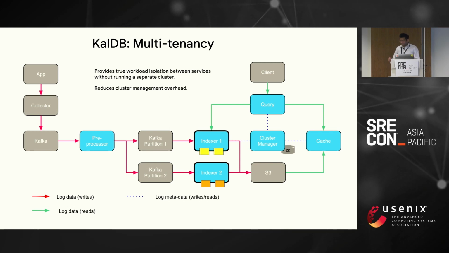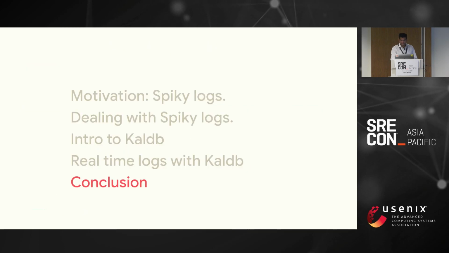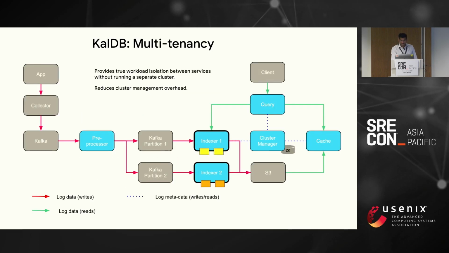All the queries for yellow logs go to indexer 1, and all the queries for orange logs go to indexer 2. Because each of these indexers are independent Kubernetes containers, you get true resource isolation and true workload isolation by implementing multi-tenancy this way, as opposed to other techniques. And this is how multi-tenancy is done.